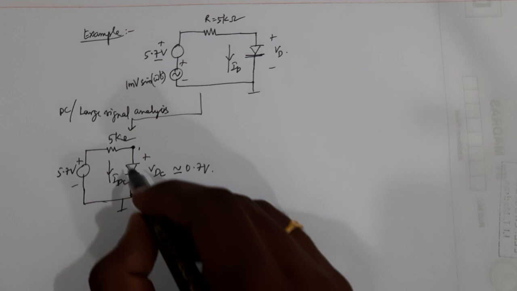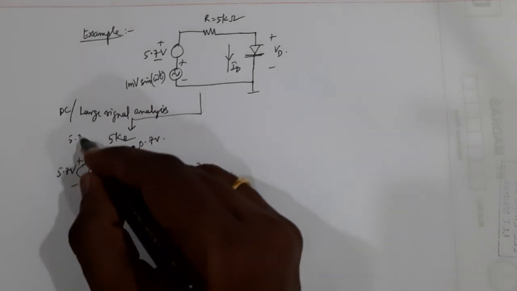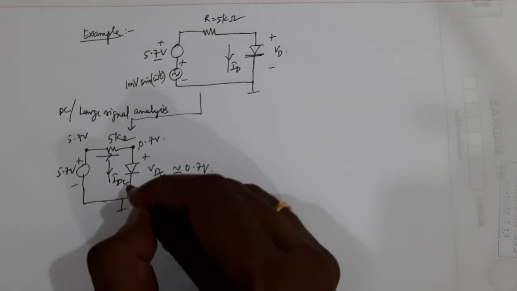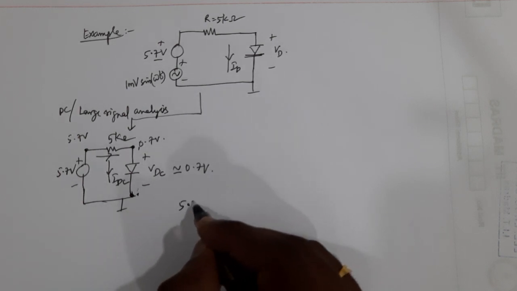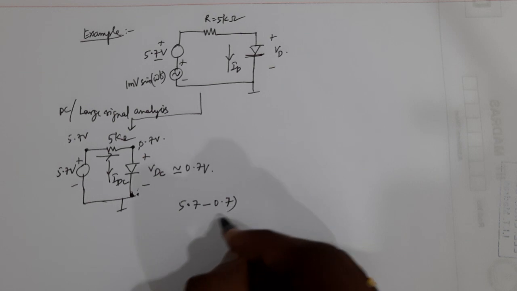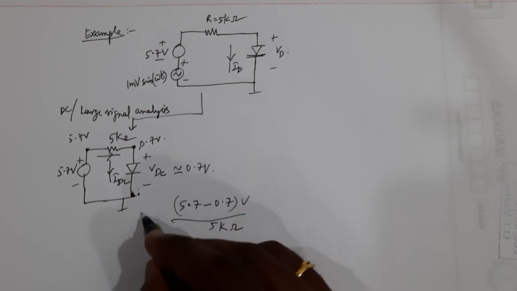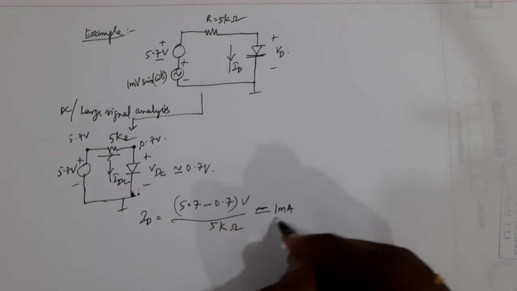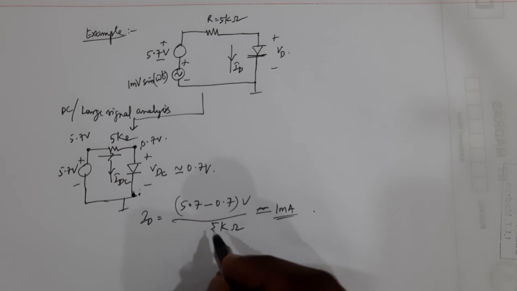Okay, so if this voltage is 0.7 volt, then this voltage anyway is 5.7 volt, and the current flowing in this direction is the current flowing here also, by KCL. So 5.7 minus 0.7 divided by 5 kilo ohm is equal to my ID, which is equal to 1 milliamp, right? So my ID is now estimated, it is 1 milliamp, right?